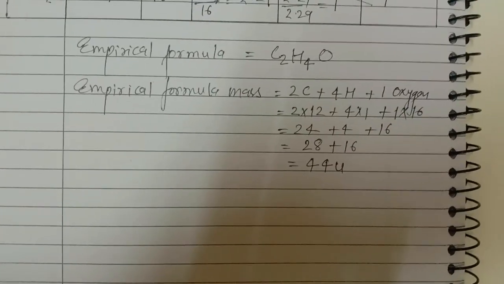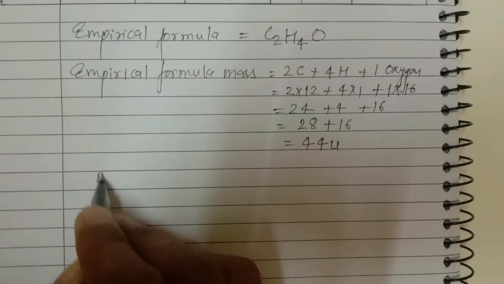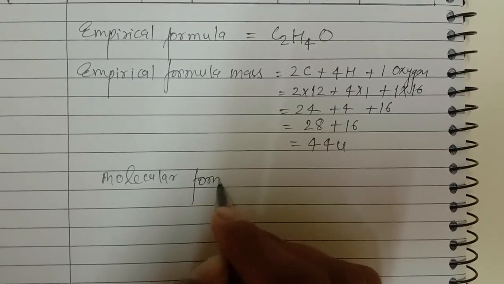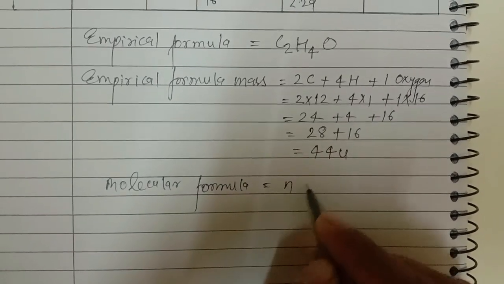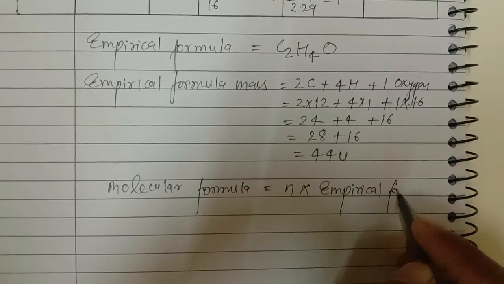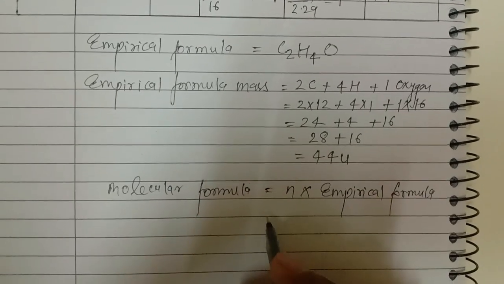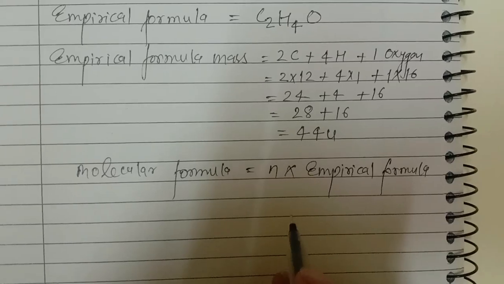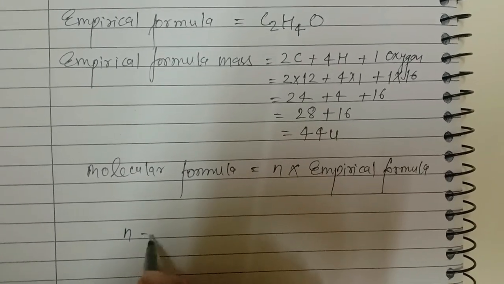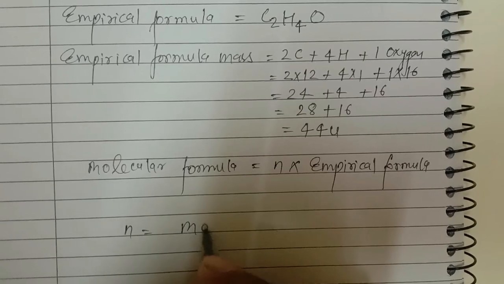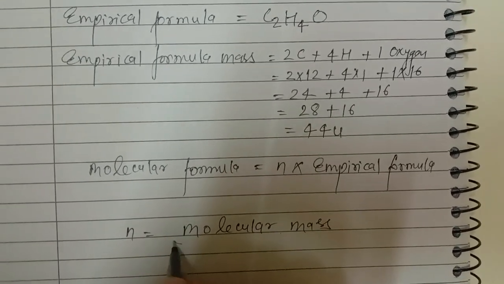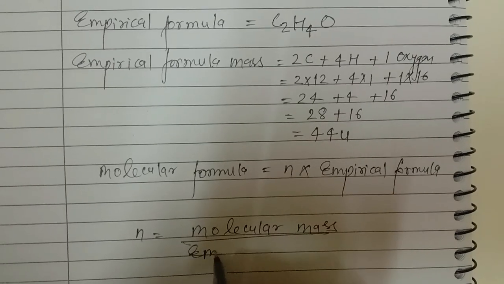Now what is the relationship? Molecular formula equals N into empirical formula. So first we have to find N. N equals molecular mass upon empirical formula mass.